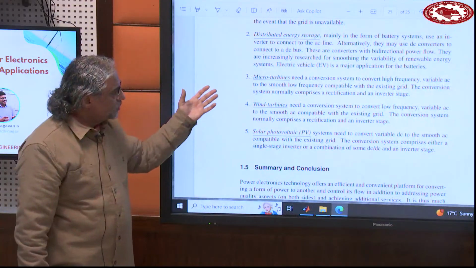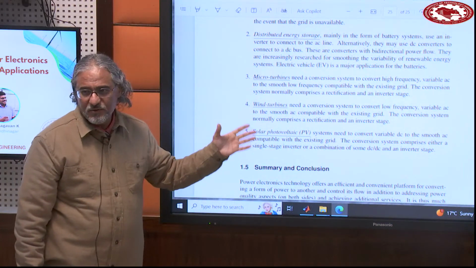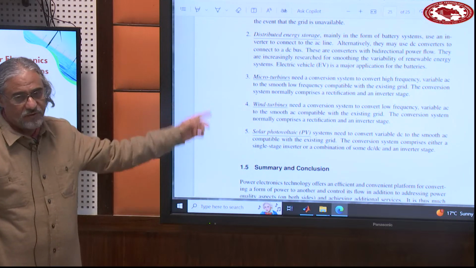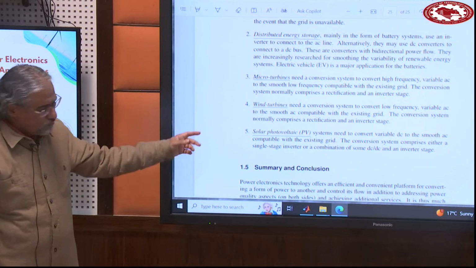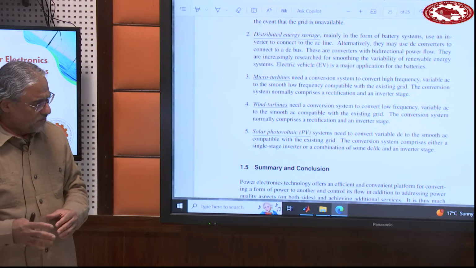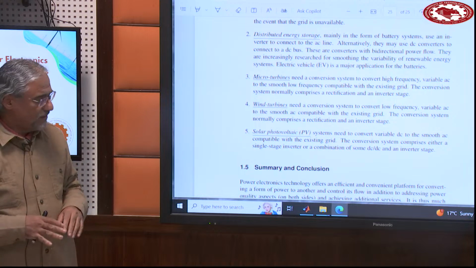So you can convert that to 60 hertz or 50 hertz and connect to the power supply using converters.